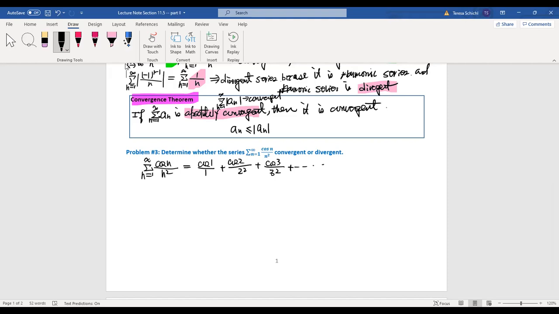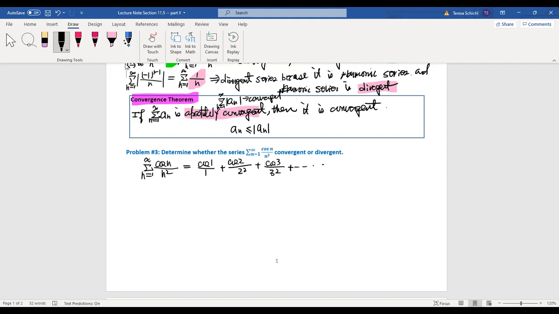This series has both positive and negative terms because of the cosine values, but it is not alternating. Sometimes you get two positives, one negative, or one negative, two positives.